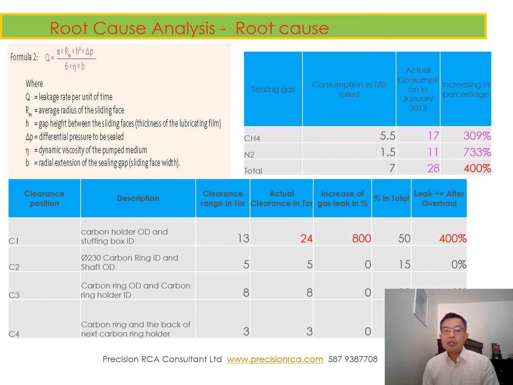And from these calculations, we can easily find that C1 increased a lot, from 13 tau to 24 tau.